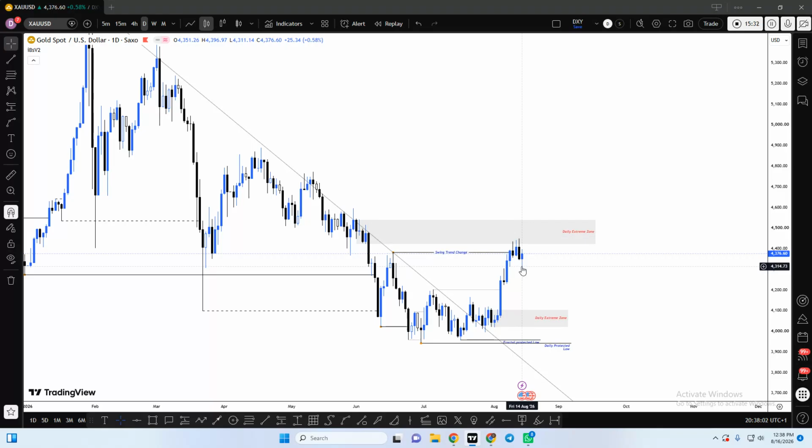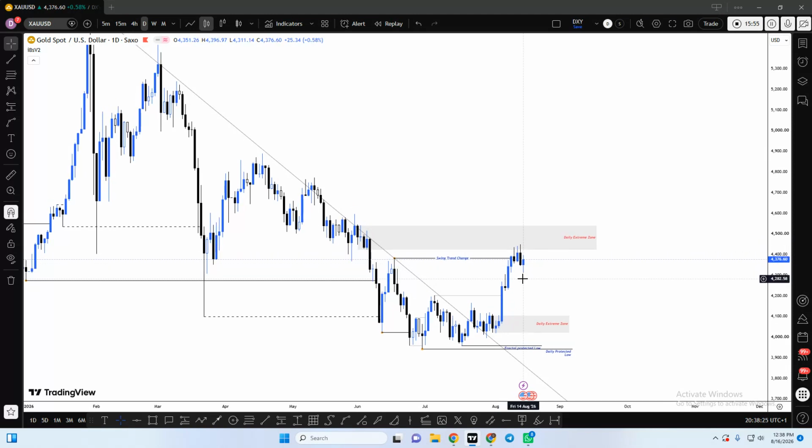Whenever we get a break of structure, we should be expecting a pullback, and pullbacks do not happen in isolation. They happen from a place of supply, and this is that place. We did break structure to the upside, tapping into a place of supply. So from this level, we may see some bearish pressure coming in to form that higher low, and then continue with the bullish move to the upside.